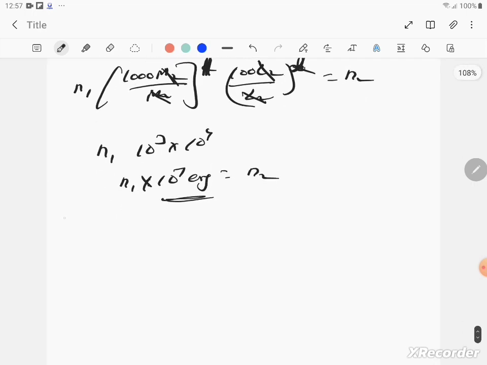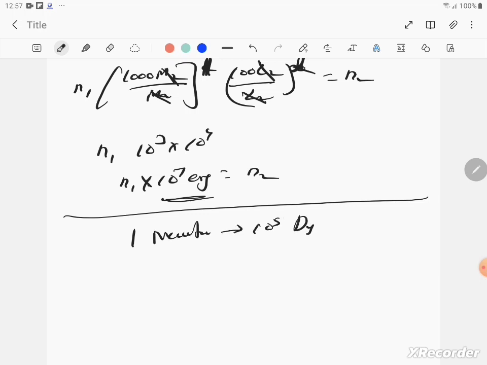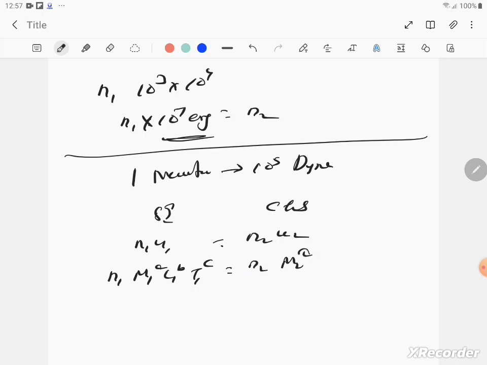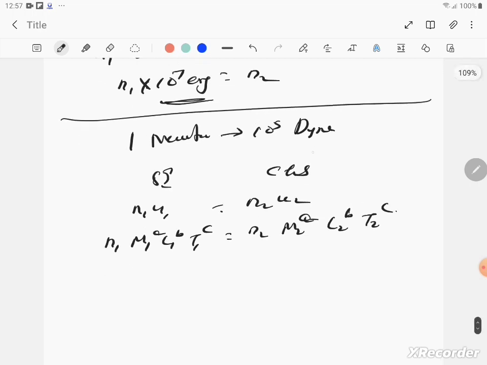Okay, next is how to convert 1 Newton into 10 to the power 5 dyne. You know, this is SI, this is CGS. And you know that N1 U1 should be equal to N2 U2. N1 into M1 to the power A, L1 to the power B, T1 to the power C is equal to N2 into M2 to the power A, L2 to the power B, T2 to the power C. You want the answer in terms of CGS?